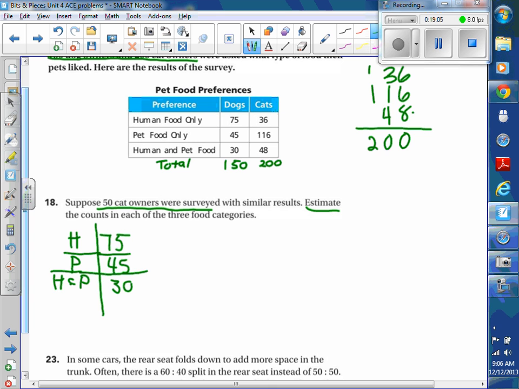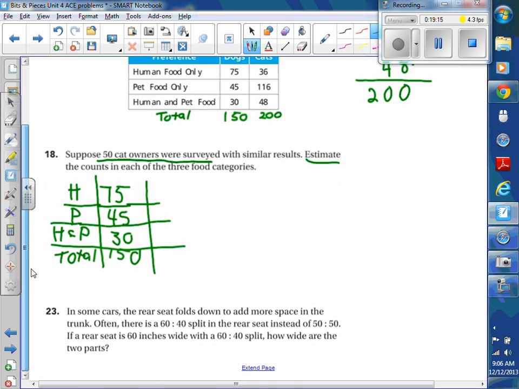Don't worry. And there's a total of 150 here. What do you think it's saying instead of, so like, oh, that's dogs, and I just did cats, huh? I see why you're telling me that.